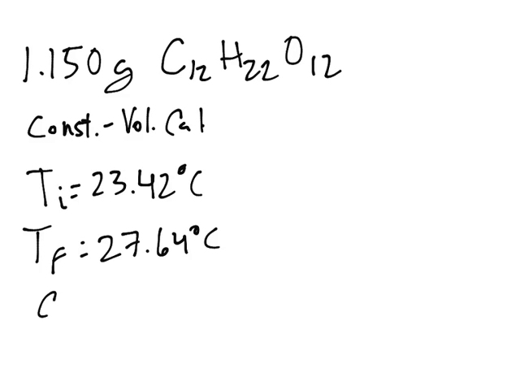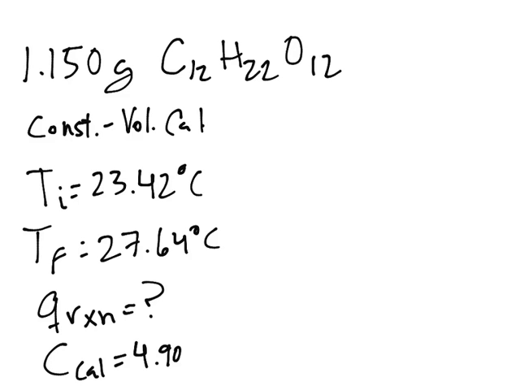So it's asking us for the heat of reaction. Given that the reaction is combustion, heat of combustion is just another way of saying heat of reaction. They also tell us that the heat capacity of the calorimeter, C cal, is 4.90 kilojoules per degree Celsius.